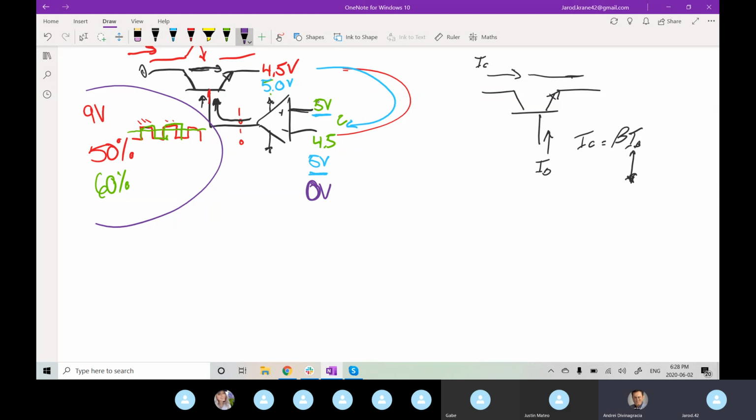Okay. So again, right off the bat, as soon as you power this device, since you turn on your system and give power to your op amp, you instantly see a difference between your two inputs of 5 volts and 0 volts.